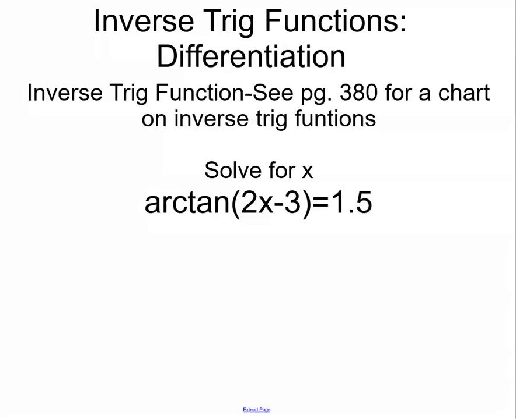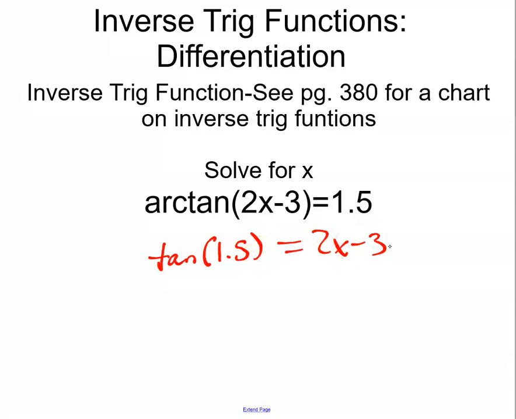So if I'm taking the arctangent of something and it's supposed to equal 1.5, I can use that inverse function, which would be tangent, because tangent and arctangent are inverses of each other. So this is the same thing as saying tangent of 1.5 equals 2x minus 3.